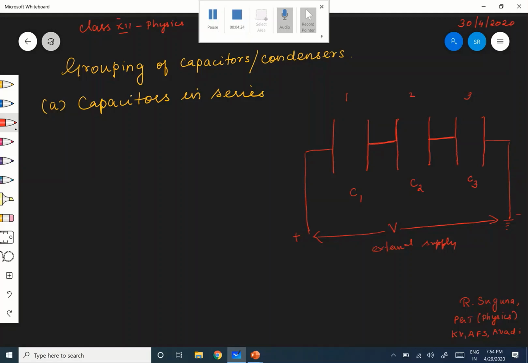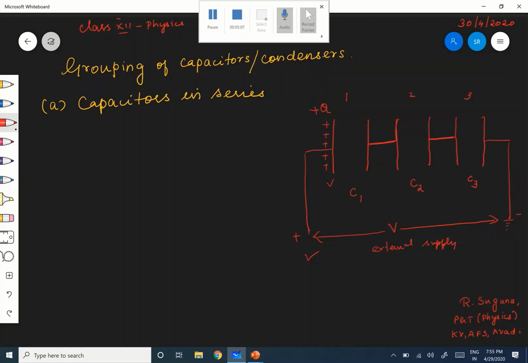The right side of the third capacitor is earthed, but the left plate of the first capacitor is connected to the positive of the supply, so it is given plus Q units of positive charge.